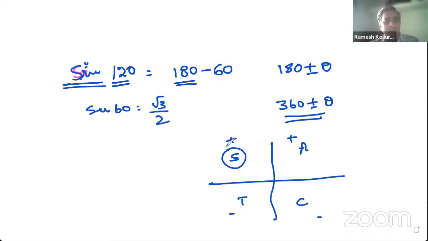So this much we know, because 180 minus 60 is in the second quadrant. So we are getting sine 60, that is root 3 by 2, right? Now as I increase this number, it becomes difficult, right? So now let us see. Let us start with 0 degrees.